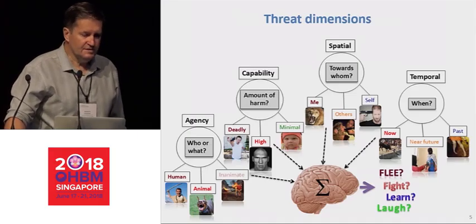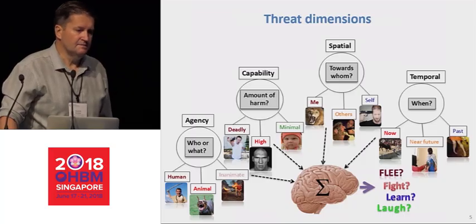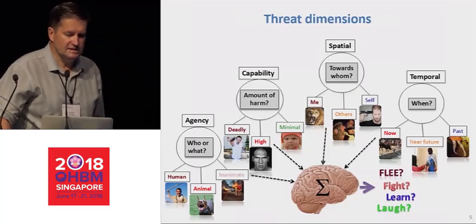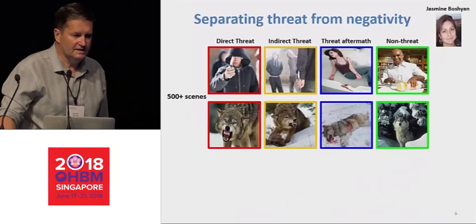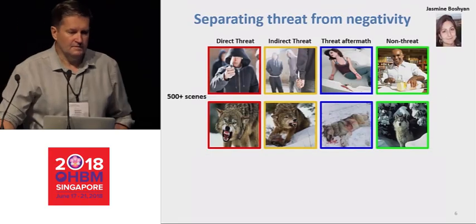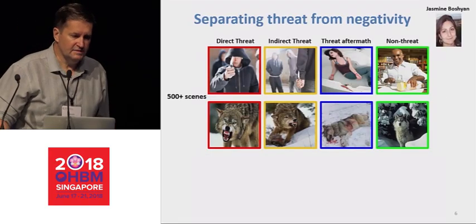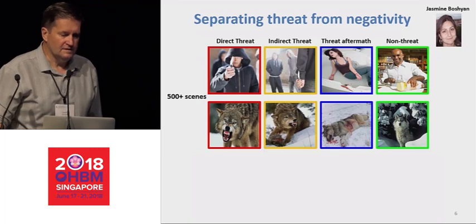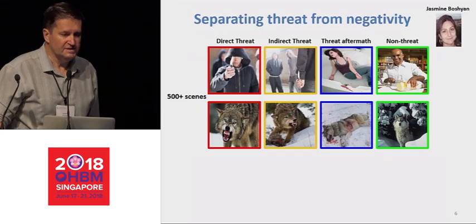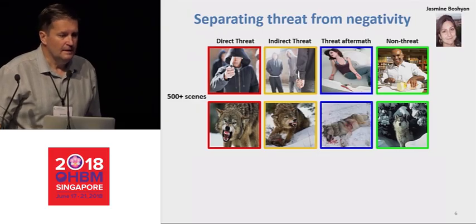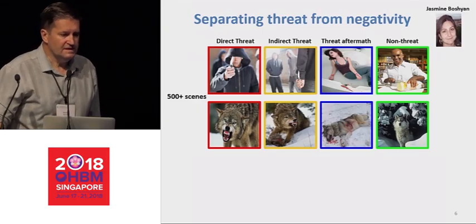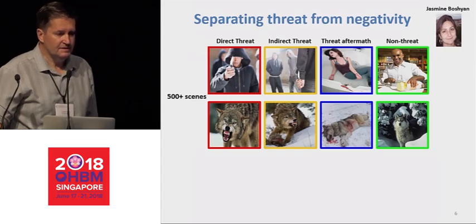So to examine how we process these things, we started by collecting over 500 scenes from the internet. This work was largely done by my postdoc, Jasmine Boshayan. So the scenes were subdivided into these 4 categories initially.